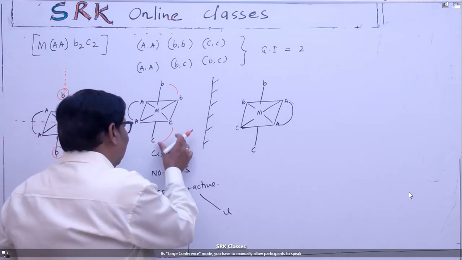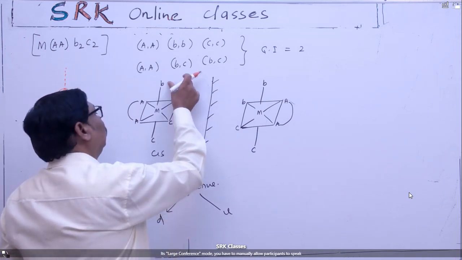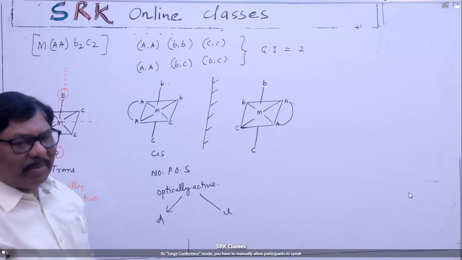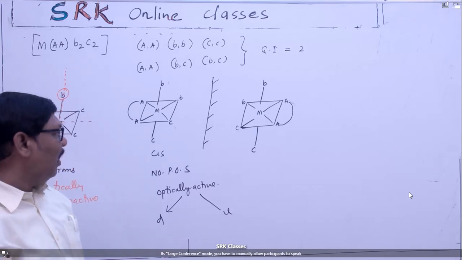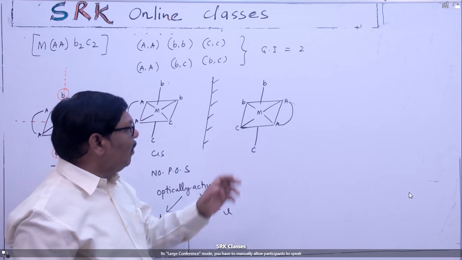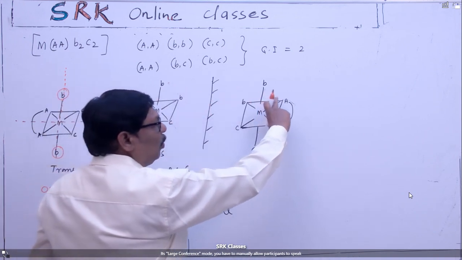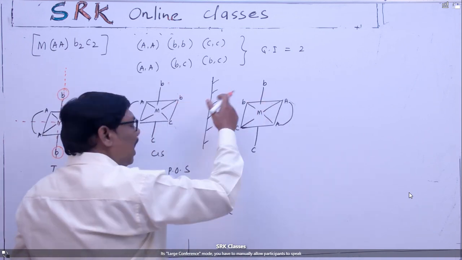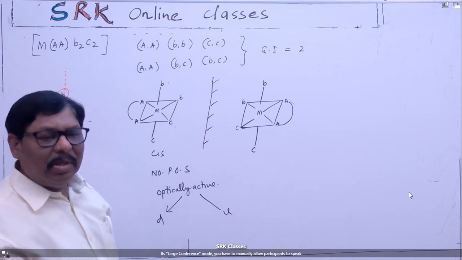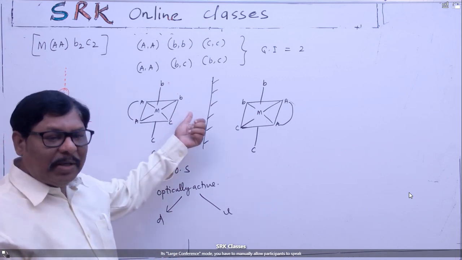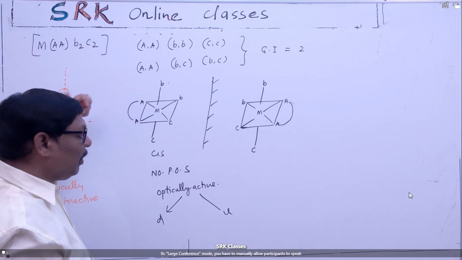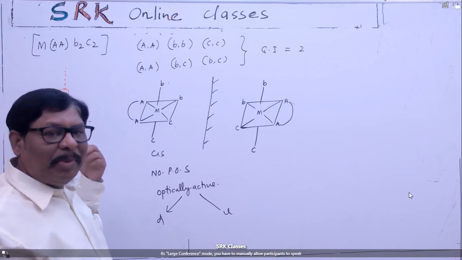But whereas here, the cis compound is not having a planar symmetry. You cannot divide it into two equal halves. Now it has its mirror image. These mirror images are non-superimposable. Any compound having a non-superimposable mirror image will be an optically active compound. Therefore, the cis compound is optically active and the trans compound is optically inactive.